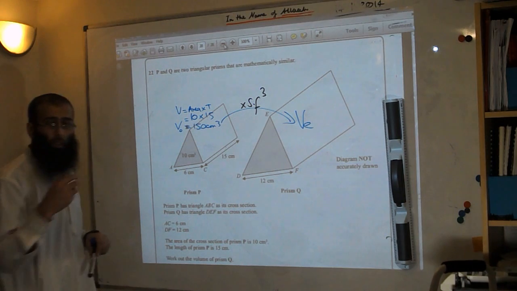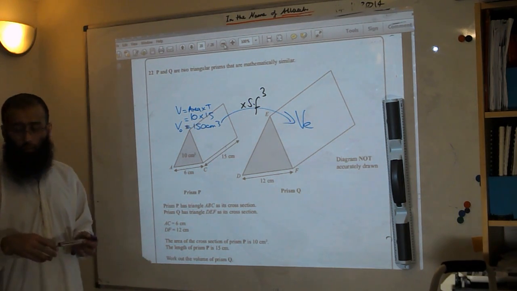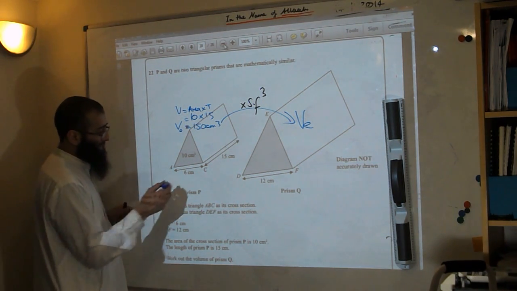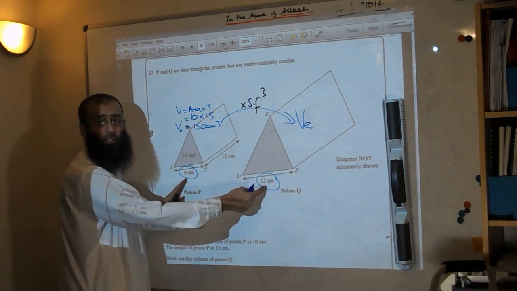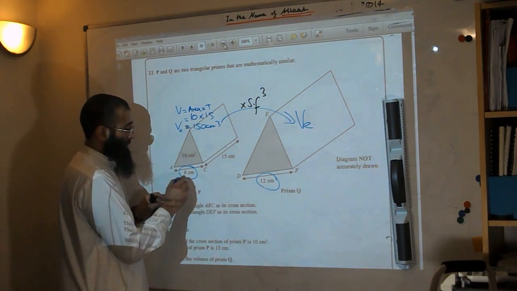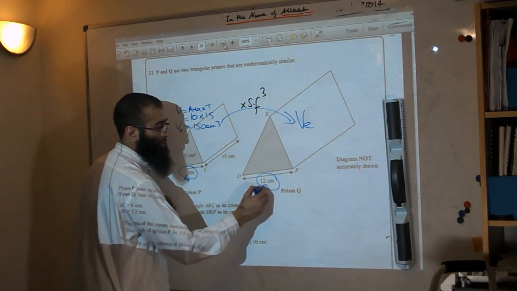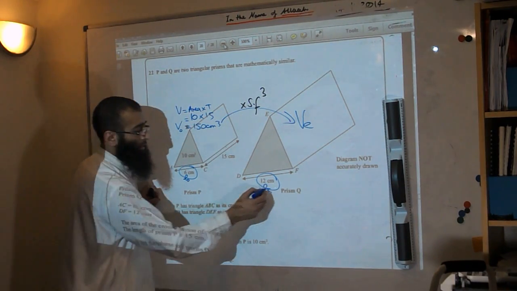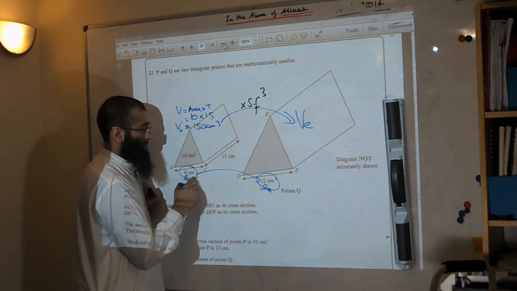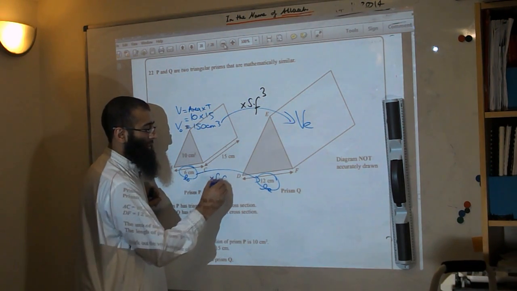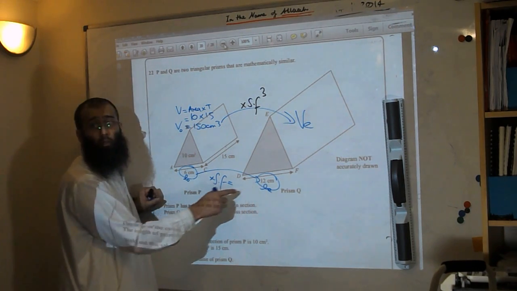So we need to establish the scale factor first of all. So, Rutaba, how do we look at the scale factor? 12 divided by 6. So we look at this length here and look at this length here. This is my original length. This is my large length. Okay. So 6 times by the scale factor is equal to 12.